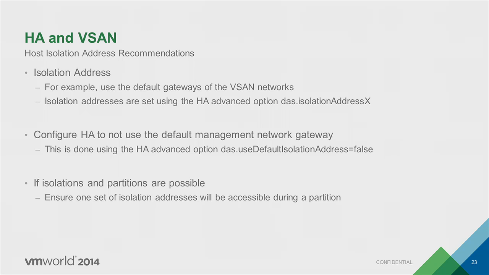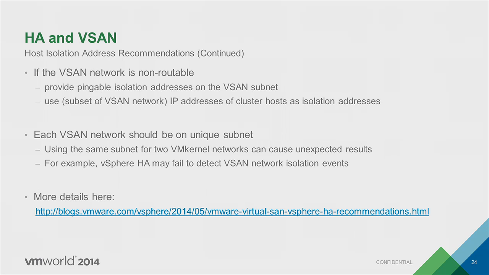These are the advanced options: set use default isolation address to false and provide the vSAN network's gateway as the isolation address. And if isolations or partitions are possible, ensure one set of isolation addresses is available. This is especially important if the vSAN network is non-routable.